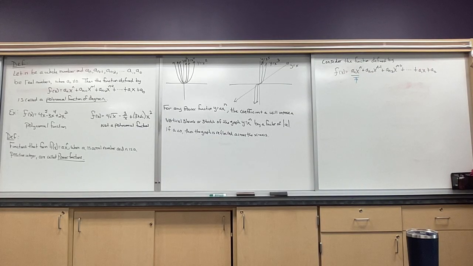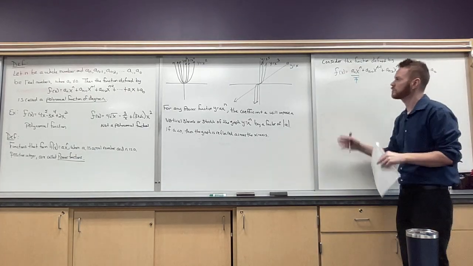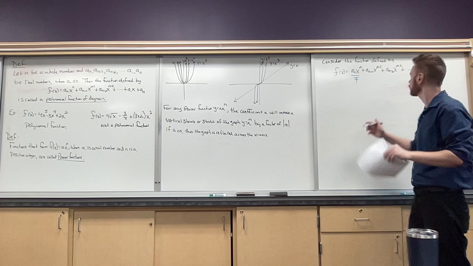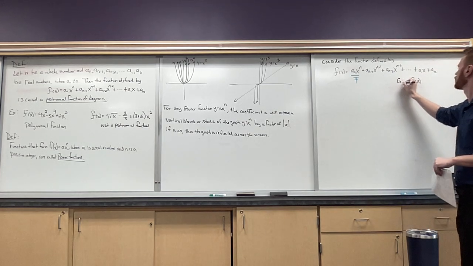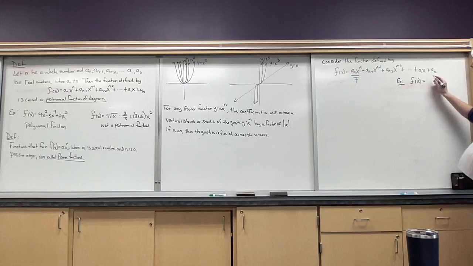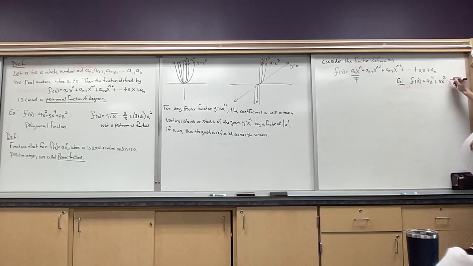Now, why do we focus on that first term? Well, think about it. Let me give an example here, just to flesh this out. If I had 4x to the fourth plus 3x squared minus 2. Let's say that was my polynomial function, and I want to know what the behavior of the graph is going to look like.